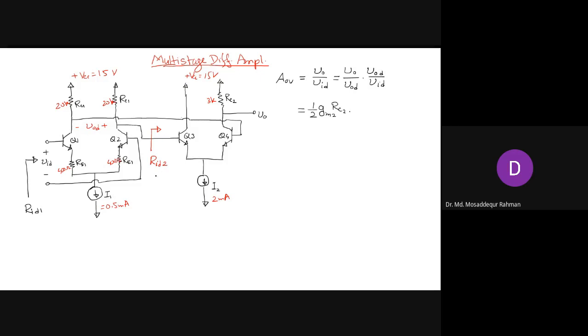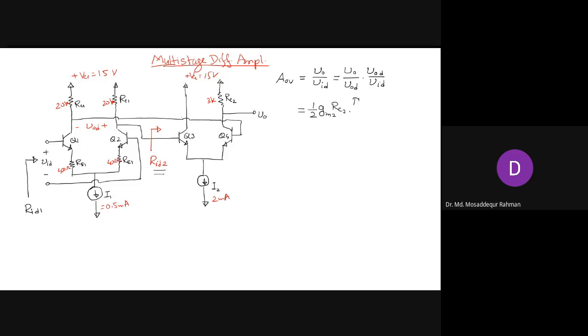So the input resistance RID2 will be like a load resistance for the first stage. Whenever we have a load connected to the output, it comes in parallel with the collector resistance.